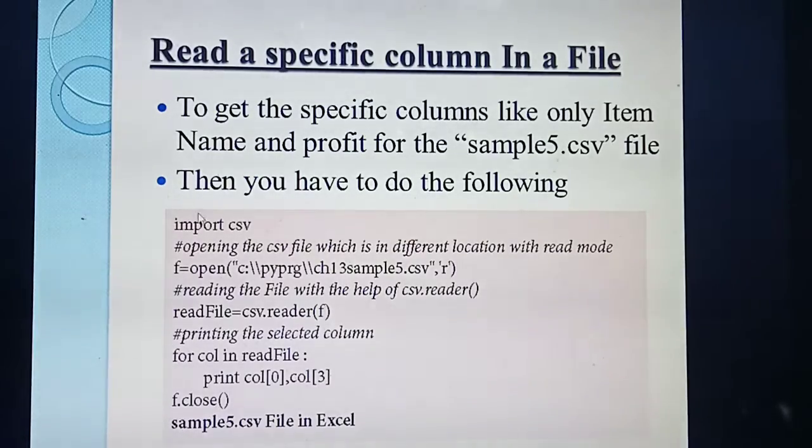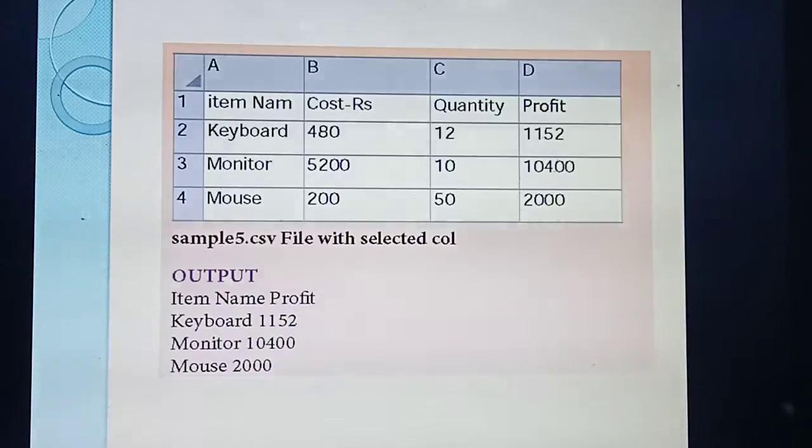Understood? So first, the same thing only. First you are importing the file. Next you are opening. Next you are reading the file. Next you are going to read the file by column. Next you are printing only one column, column 0 and 3. Next you are closing the file. See here, this is column 0, this is column 1, this is column 2, this is column 3.